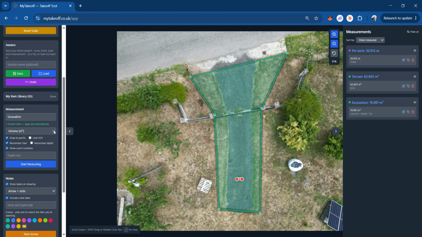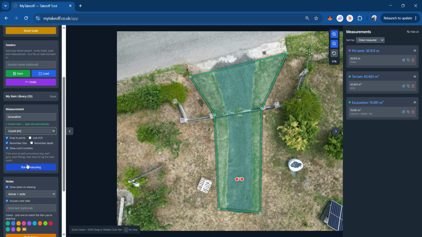The fourth measurement that you're likely to come across is number. It's basically counting. Let's imagine, for the sake of this, that the client here has drainage issues and they want to collect the water off the drive, so we're going to install some gully pots, some drainage pots.